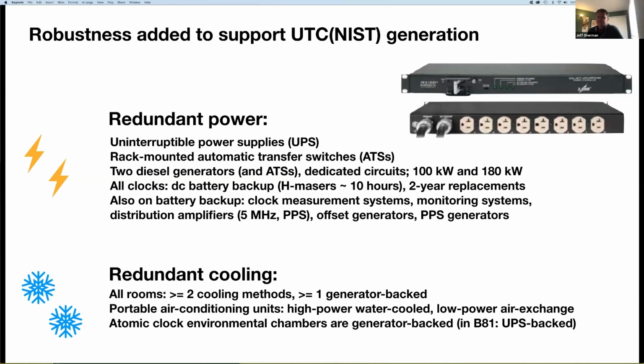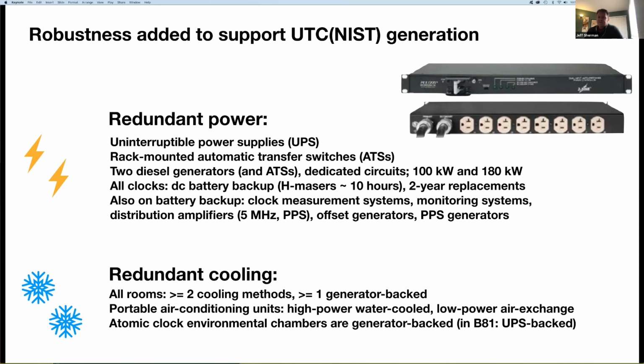We've also engineered several other devices to be on a 3rd battery backup system that includes all the clock measurement systems, monitoring systems, distribution amplifiers, both at 5 megahertz and the pulse per second, the offset generating synthesizers, pulse per second generators, and to any extent possible, any of the distribution services that are digital.